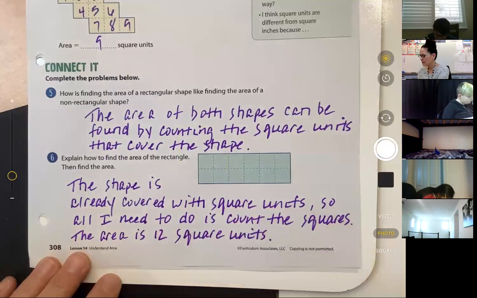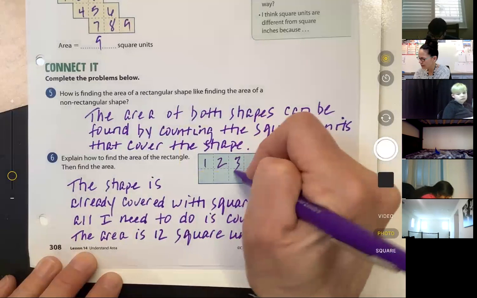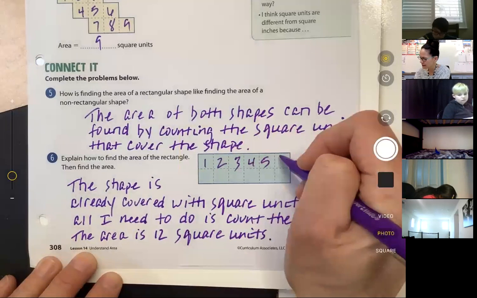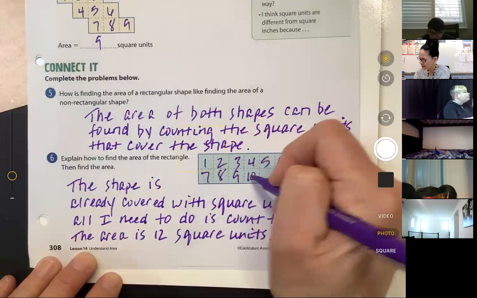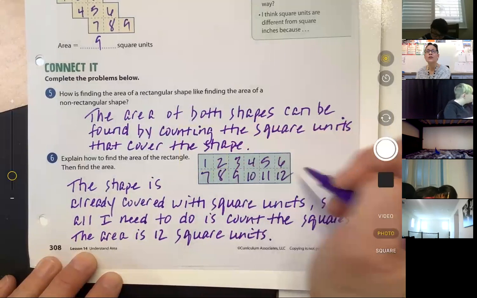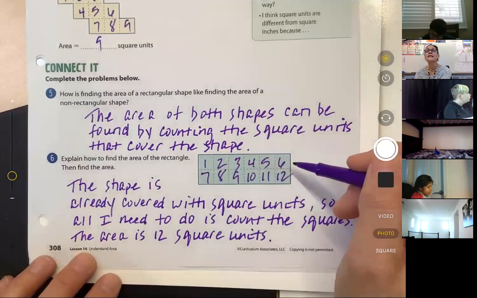You could also simply label, as we did on the prior shapes. You could say 1, 2, 3, 4, 5, 6, 7, 8, 9, 10, 11, and 12. In your brain, could you skip count by 6? Yes, you could. You could say 6, 12.